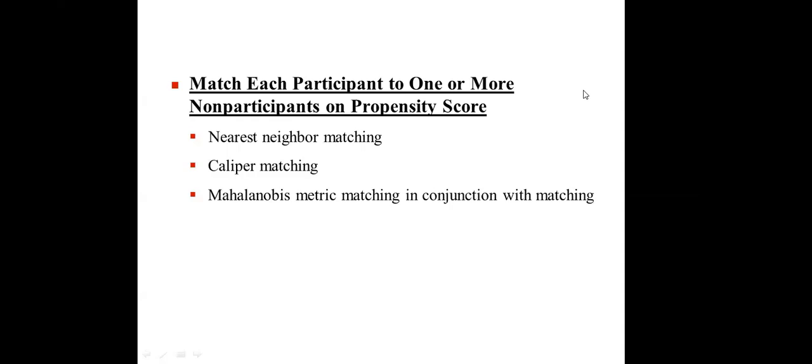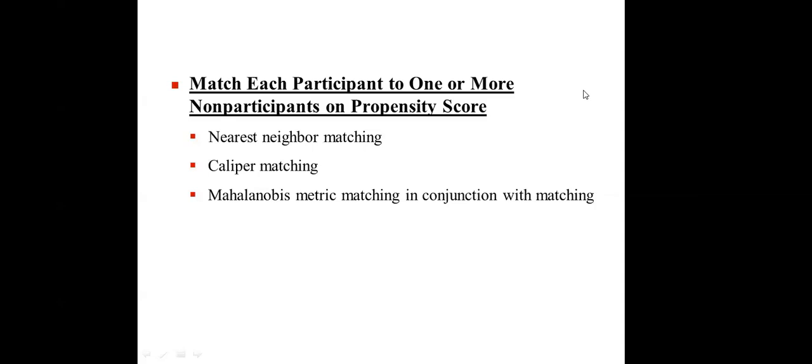Even if it was 0.78, if that's the closest, that's fine. And you would do that until you matched every single person of the smallest group. If the treatment group was smaller than the control group, you would end up with extra controls. You're just going to match 1-to-1 by the nearest propensity score from one person to the nearest score in the person of the other group.